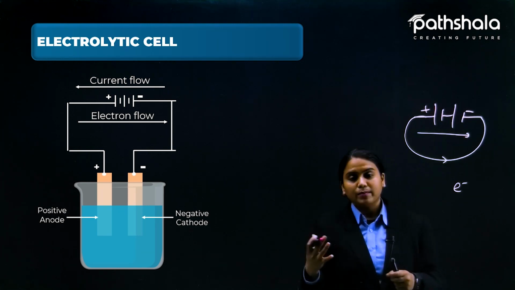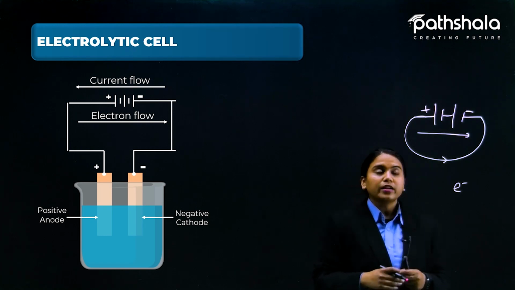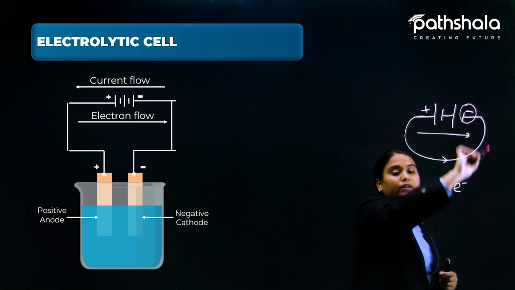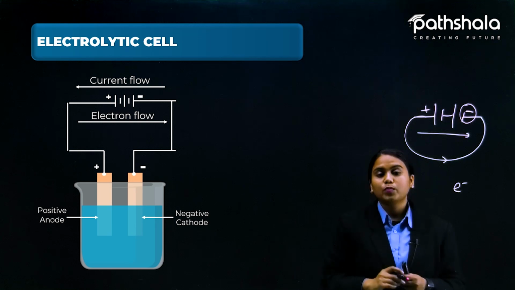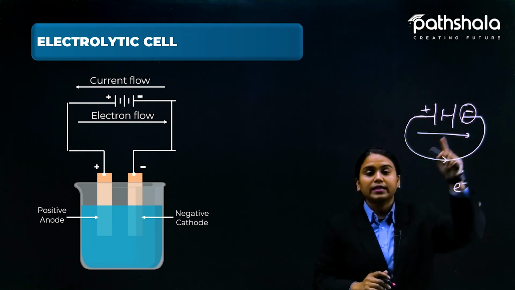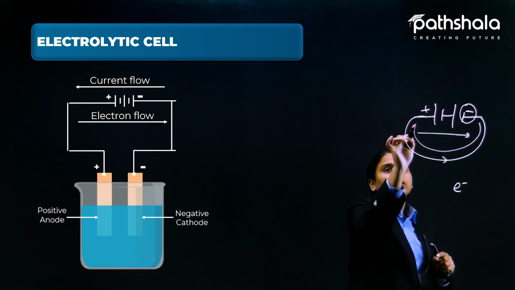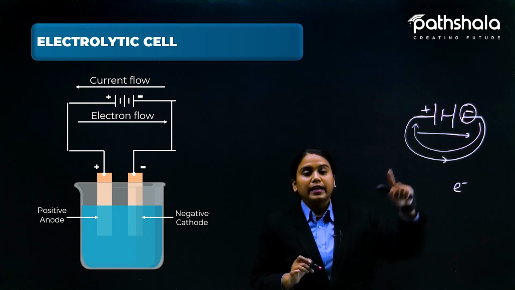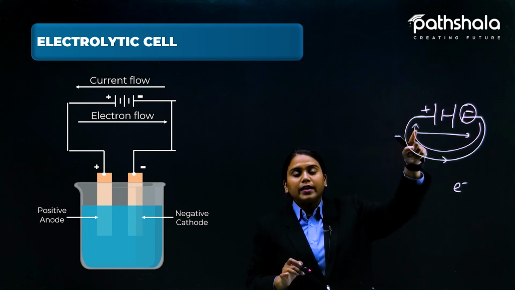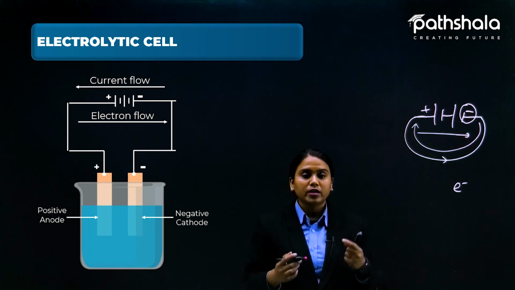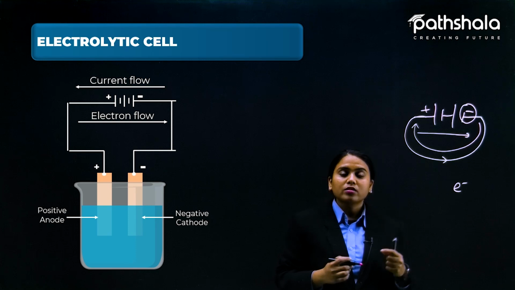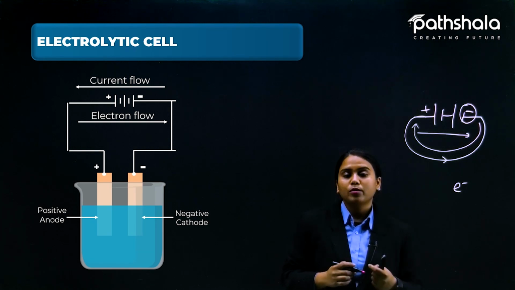You know that negative and positive attract each other, right? A large number of electrons are present at the negative terminal, that is why it is known as the negative terminal, and they get attracted towards the positive. So electrons flow from the negative terminal to the positive terminal.